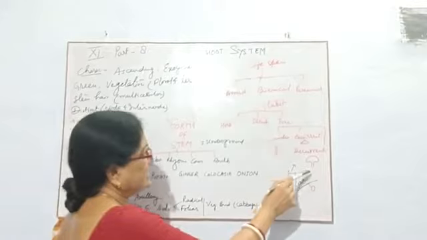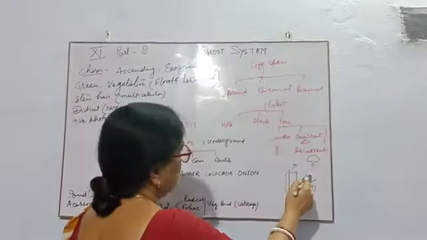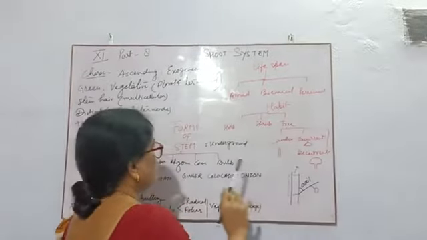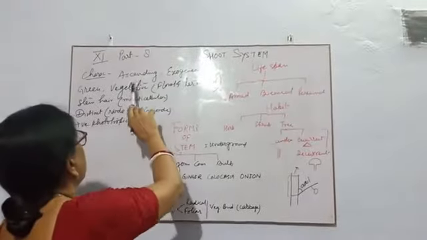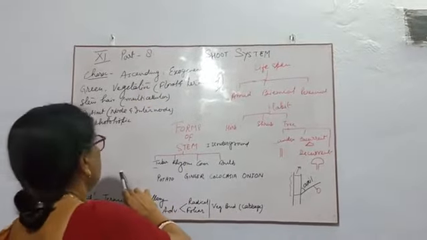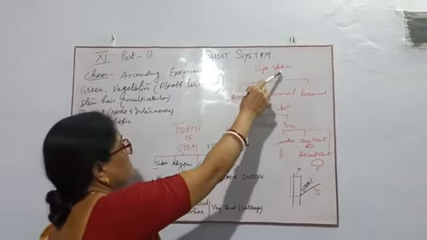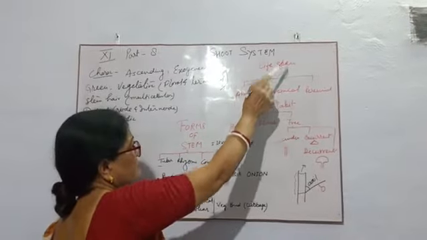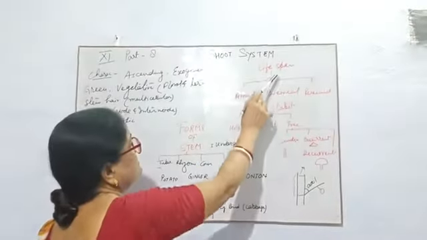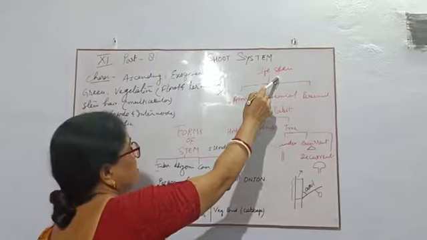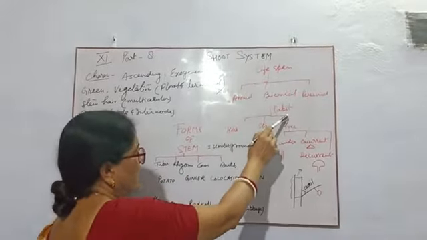So these are the types of trees. Now, characteristics, then function, then types of trees, varieties of trees, that is according to lifespan, according to habit.